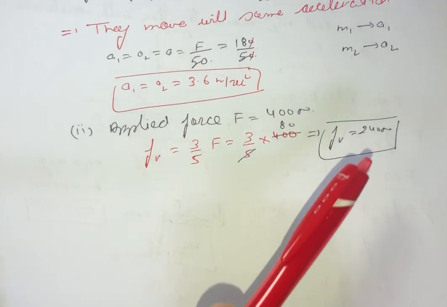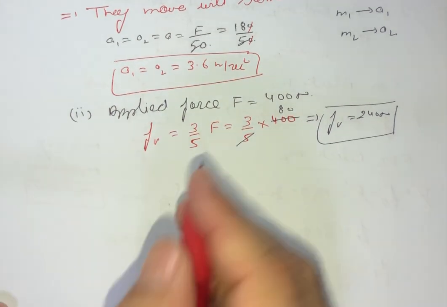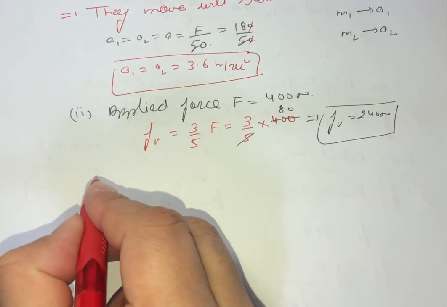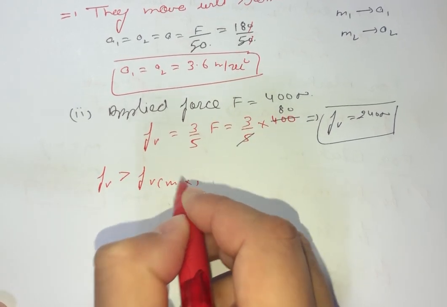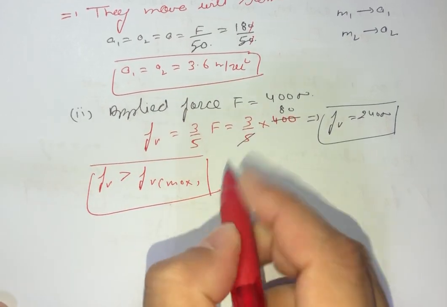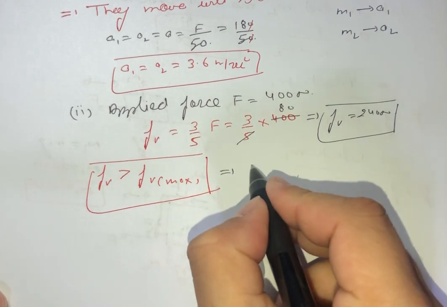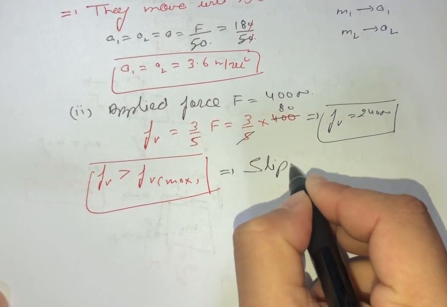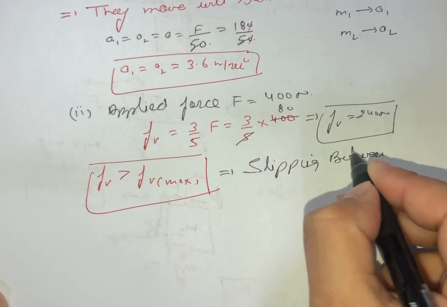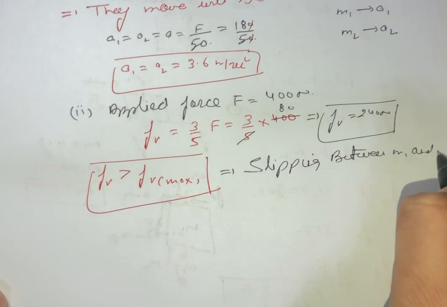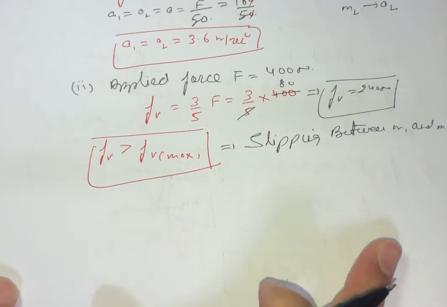So once again, making the comparison of the friction with the maximum value of the friction, we can say that Fr is greater than Fs max. So under this condition, there is slipping between m1 and m2, so they move with different acceleration.